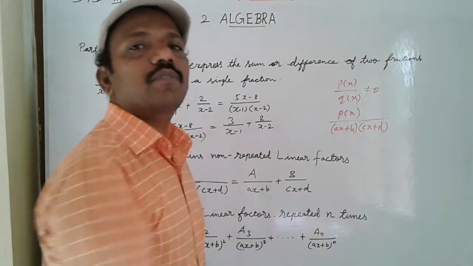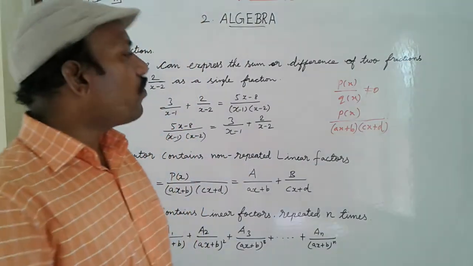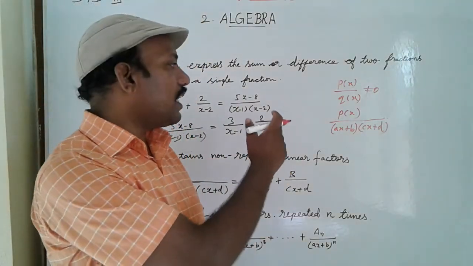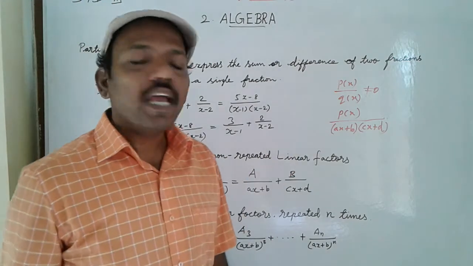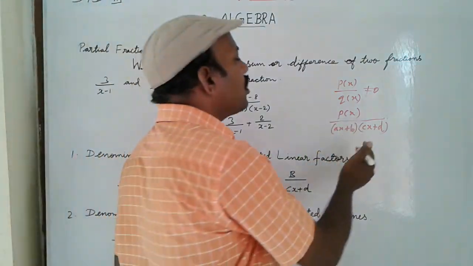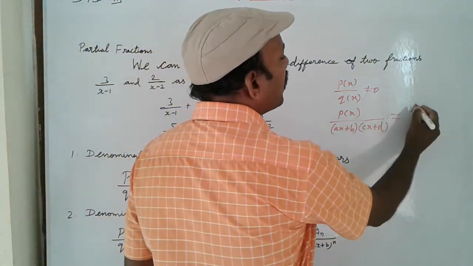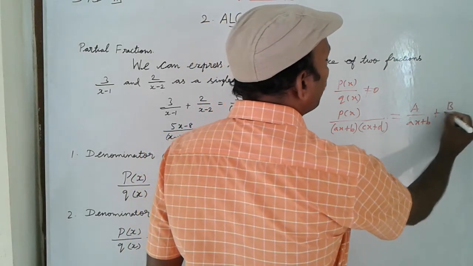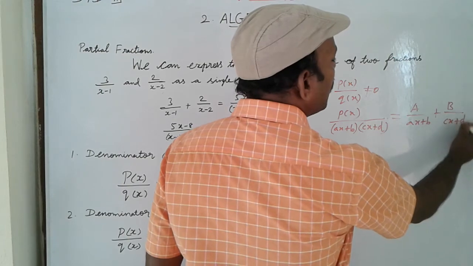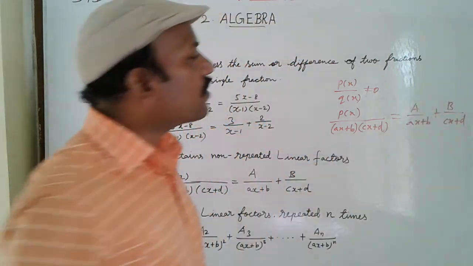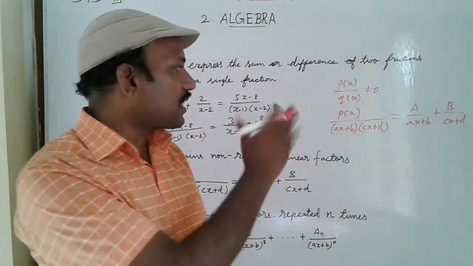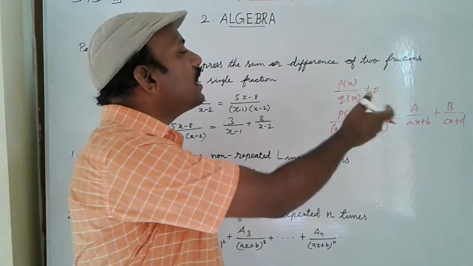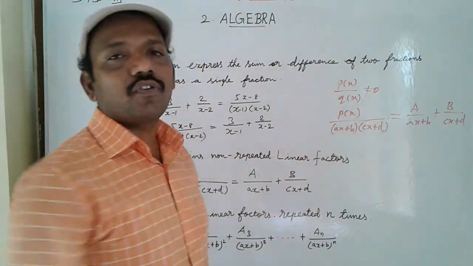Q of x is the product of two factors, ax plus b into cx plus d. The partial fractions are A divided by ax plus b plus B divided by cx plus d. These are two fractions which we add, and we get P of x divided by Q of x.